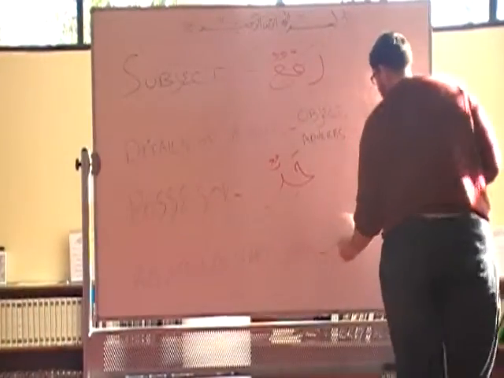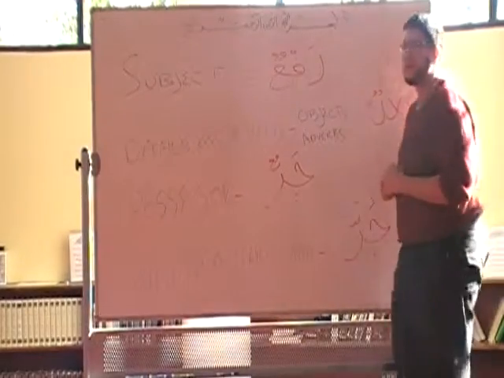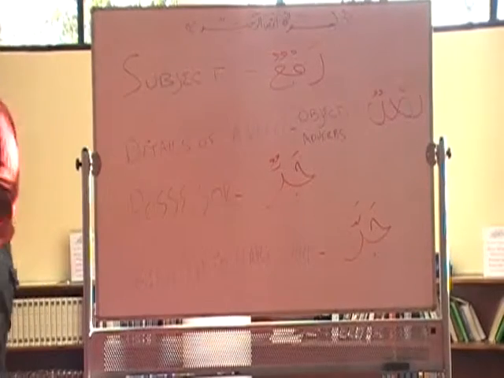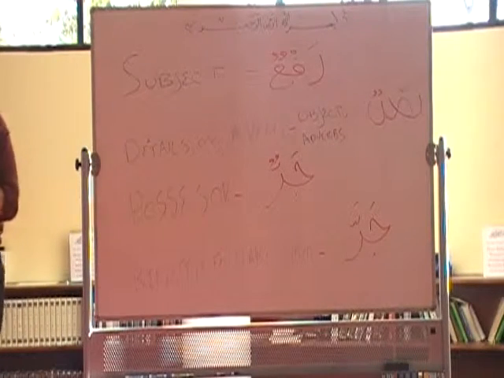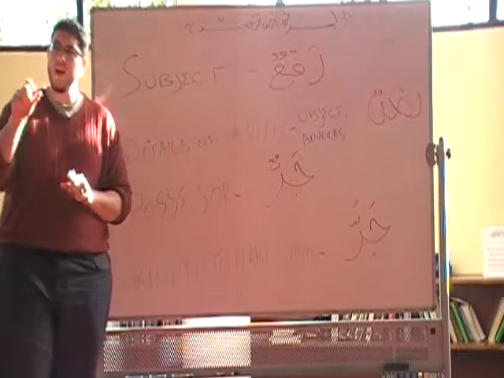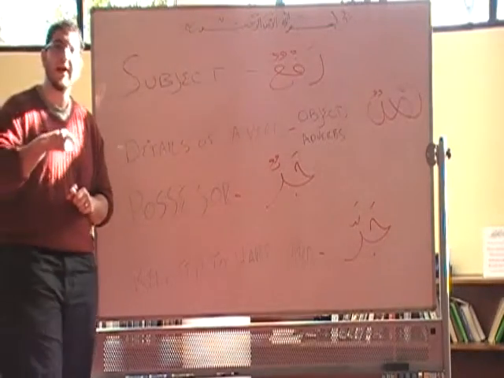So it is the state of jar, and you just need to memorize what those huruf are. So the huruf are fi, ala, min, ila, bi, wa, li. Fi sabilillah, lillah. So when it's connected to Allah, it turns Allah into the state of jar. So it's lillahi, fi sabilillahi.